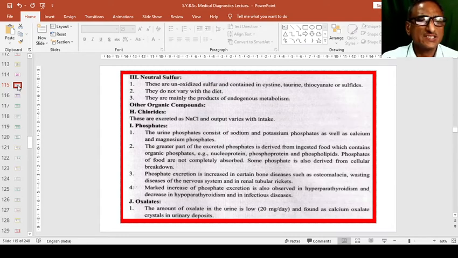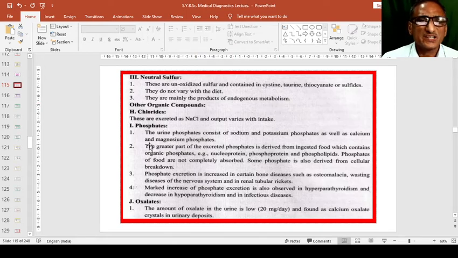Now we will see the third group of neutral sulfur. These are also contents of the urine, and these are unoxidized sulfur contained in cysteine, taurine, thiocyanate or sulfides. They do not vary with the diet, and they are mainly the products of endogenous metabolism.